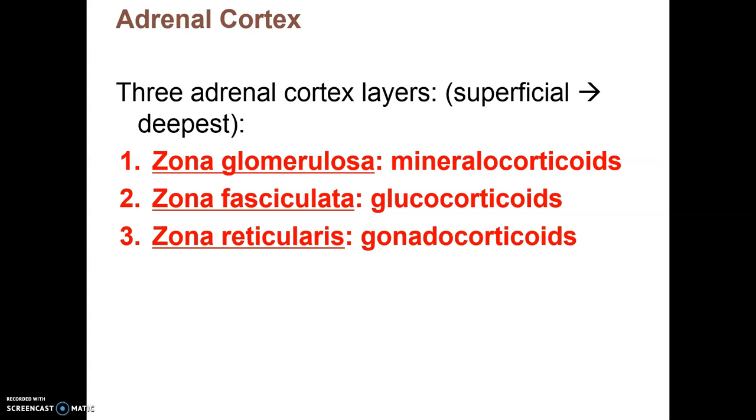Subdivisions. Zona glomerulosa produces mineralocorticoids. Zona fasciculata produces glucocorticoids. And zona reticularis, the innermost subdivision of the adrenal cortex, produces gonadocorticoids.